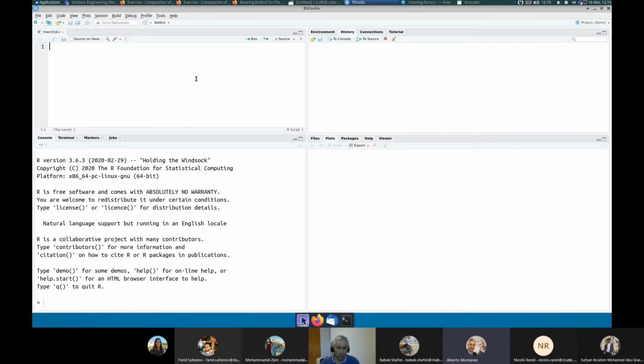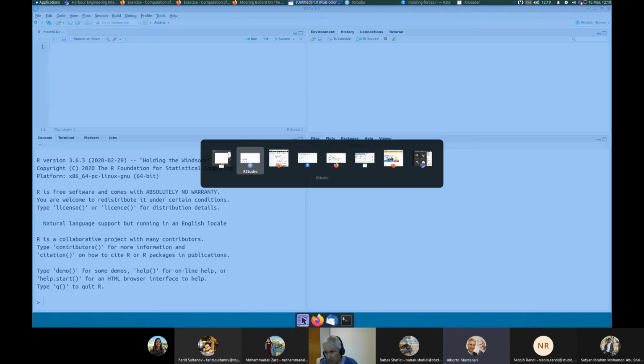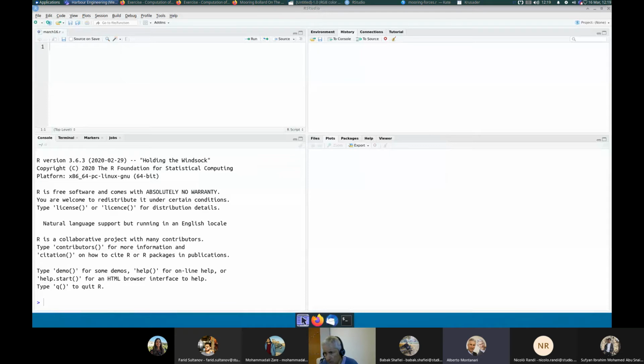So if you open R just for a very quick computation, something that you predict is a unique application, not something that you may need to repeat, then my suggestion is to use the console directly without even opening RStudio. RStudio is useful when you start a project, something that you may need to save, because maybe you have to distribute it, or you want to be able to repeat it.